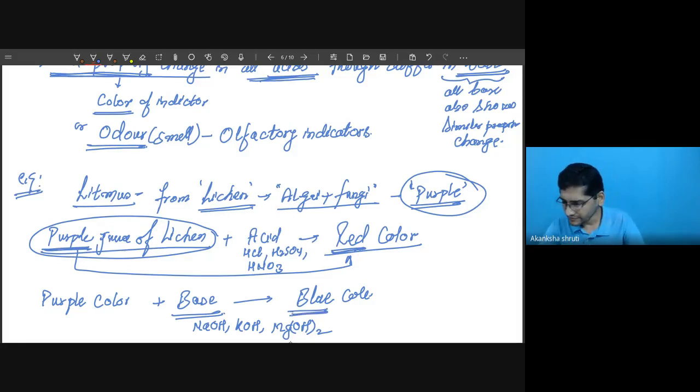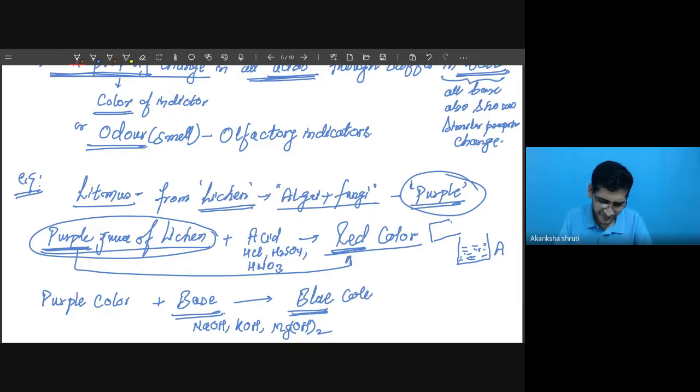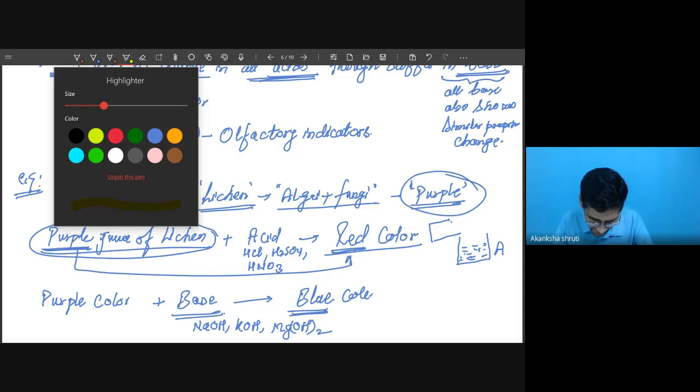So how to do that? You are taking a chemical and you do not know what is inside, whether it is acidic or basic. So this is the unknown chemical. You have to take one container containing the purple color. Let me draw it. No, purple, the same color it becomes.